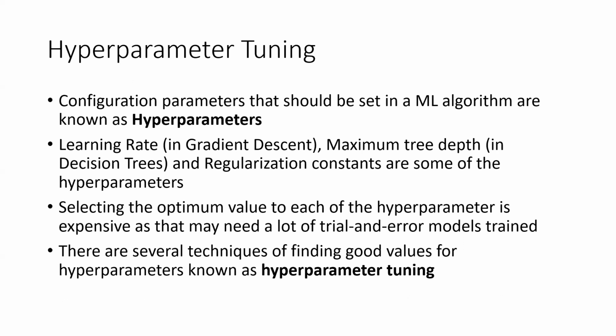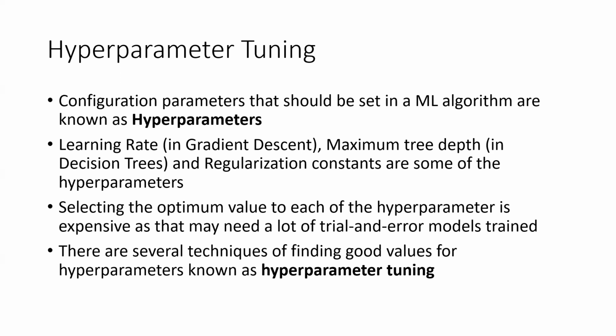For example, the learning rate, which we generally take as 0.01, or the maximum tree depth in decision trees or random forest kind of algorithms, and the regularization constants that are used in different machine learning algorithms. Those are some examples of hyperparameters, right?